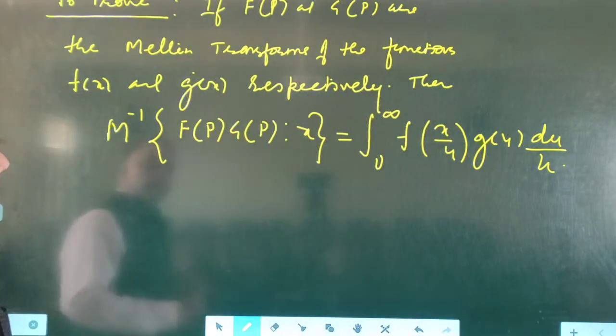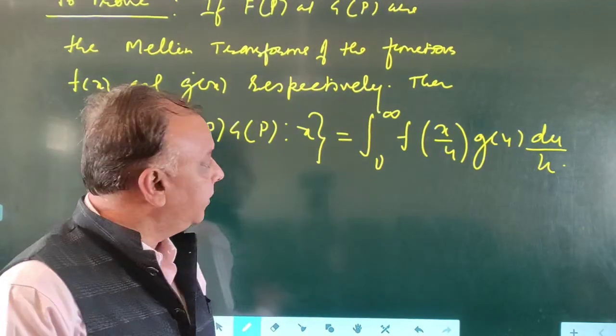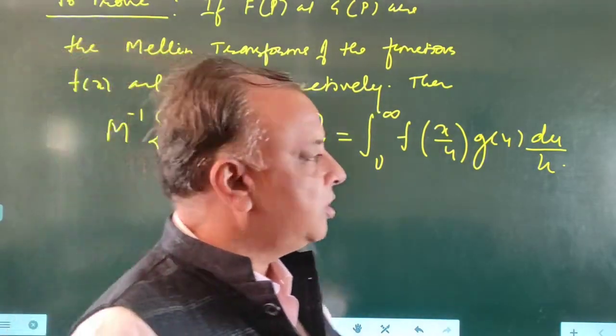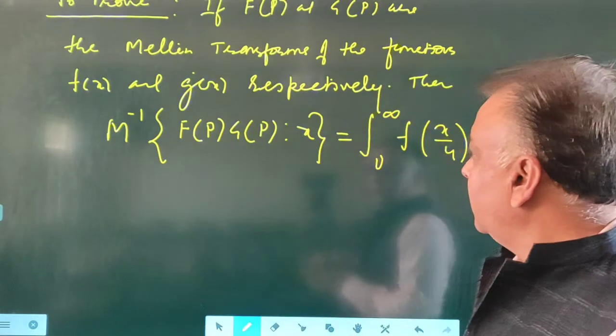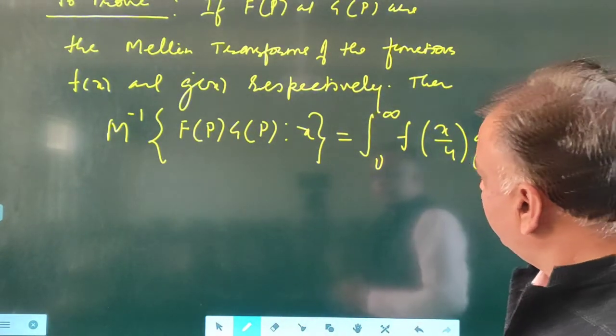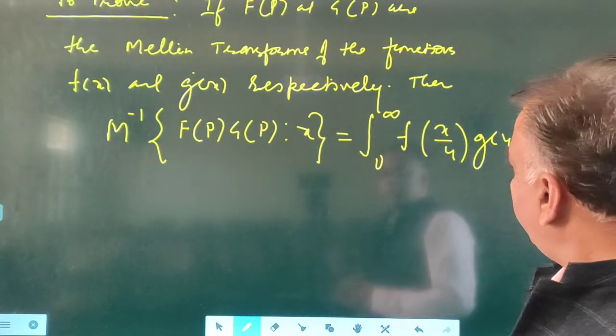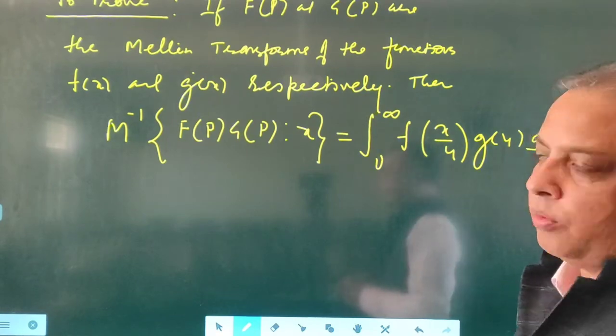We have to prove that the inverse Mellin transform of F(p) G(p) with respect to x is equal to the integral from 0 to infinity of f(x/u) g(u) du/u.